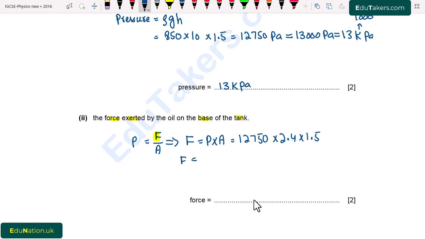So the value of force comes to be 45936 Newton, and it is also equal to 46,000 Newton, or it is 46 kilonewton, because kilo here is also 10 to the power 3 or 1000. So I write here force is equal to 46 kilonewton.